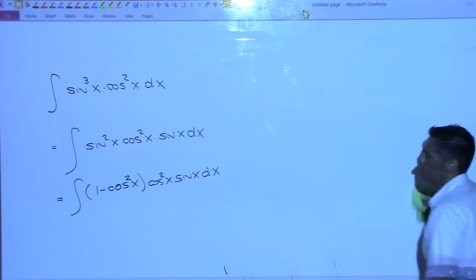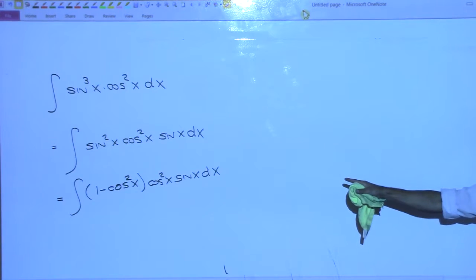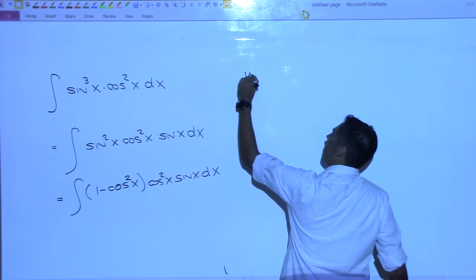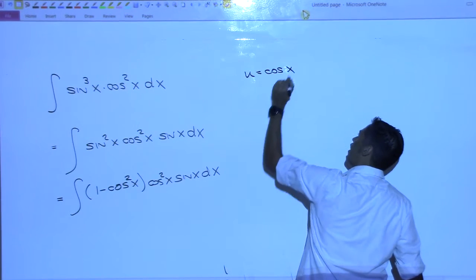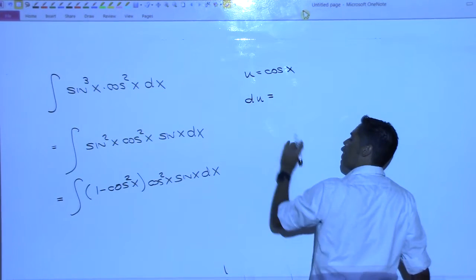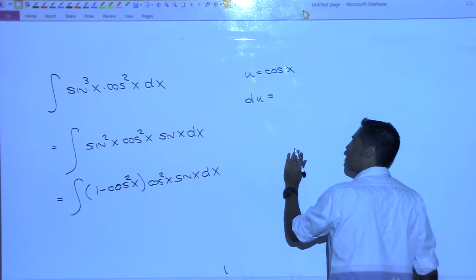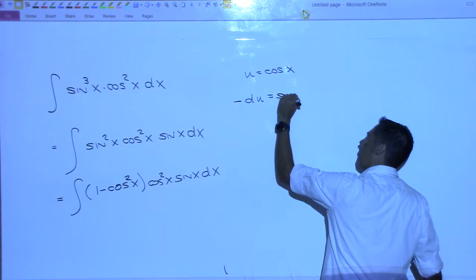All right, what now? U substitution. What's u? u is cosine x. What's du? Negative sine x. But I don't want a negative sine x, so I'm going to put the negative on this side.